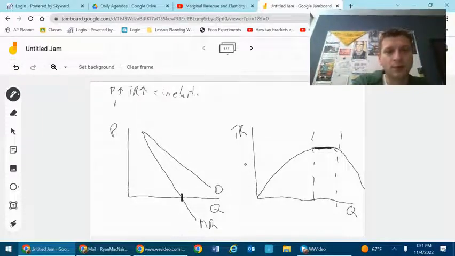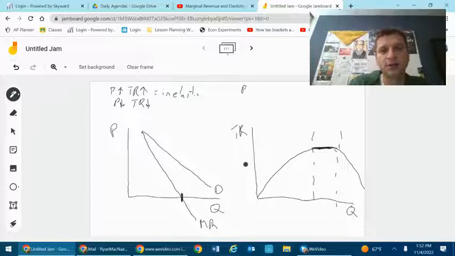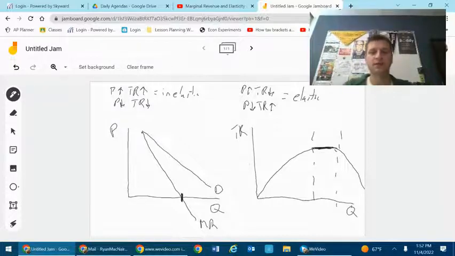If they move in opposing directions, so if price increases and total revenue decreases, or if price decreases while total revenue increases, that is elastic. Now, if we think of these two graphs as the same product, as we increase our quantity, we have to decrease our price.